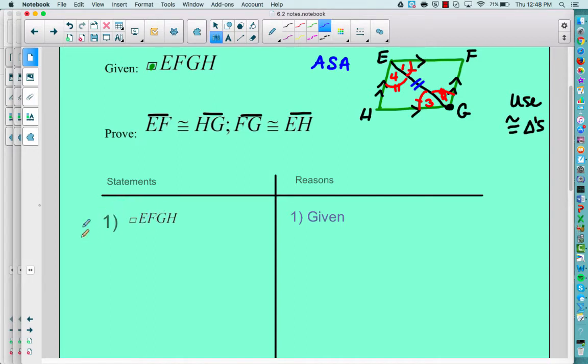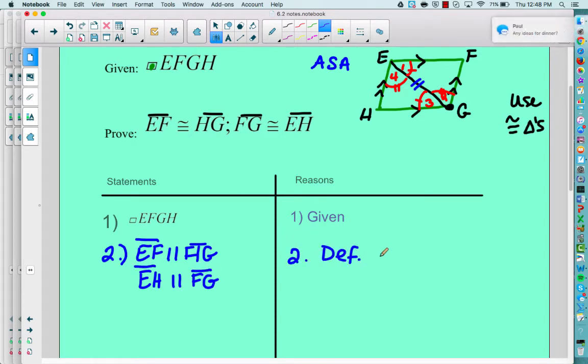Let's prove it. All right, so the first thing that we can do, if you're given the parallelogram, the only thing up to this point that you know is that EF is parallel to HG, and EH is parallel to FG. That would be because of the definition of a parallelogram.